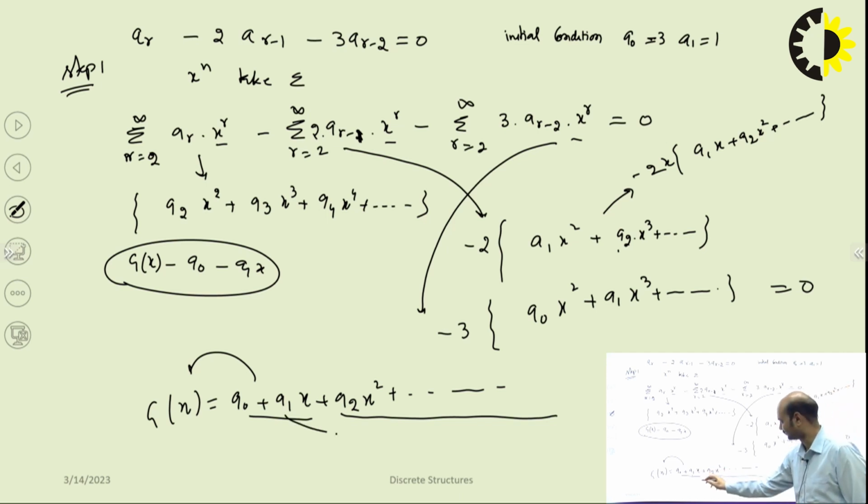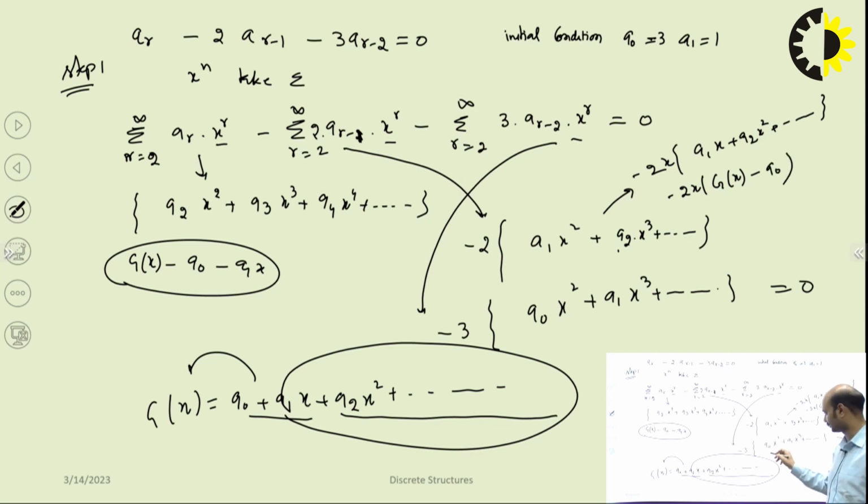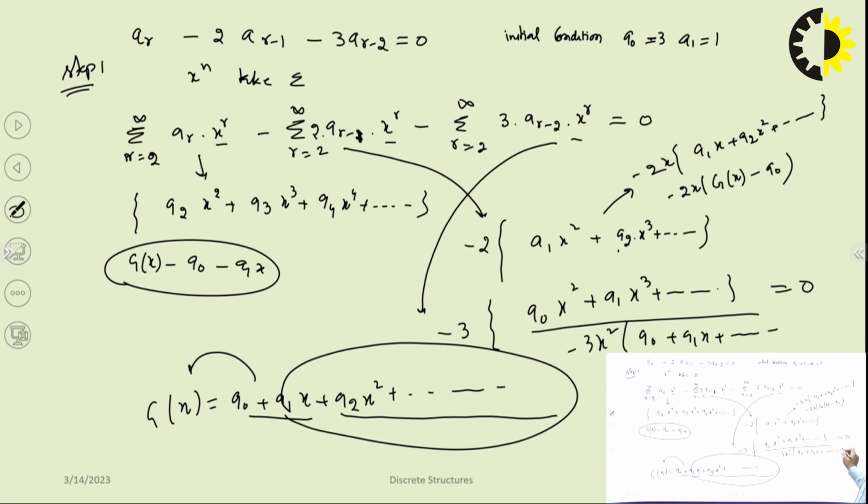It means this particular term comes, so this might be minus twice of x, g of x minus a naught. And what about the third term? That is this, a naught x square, we take x square as a common, so minus 3x square, a naught plus a1x plus and up to infinite.